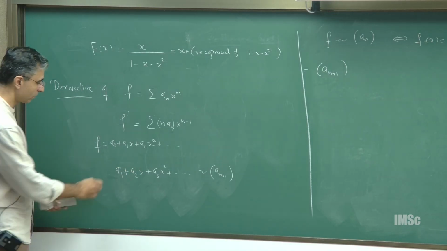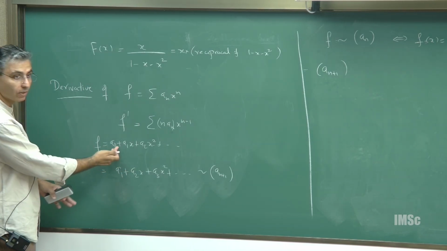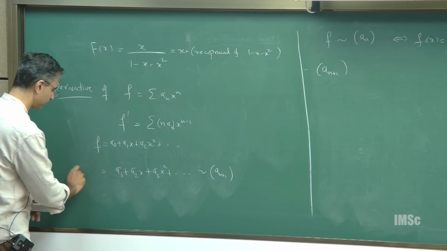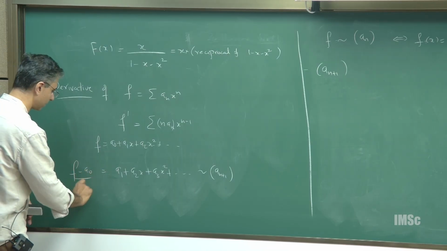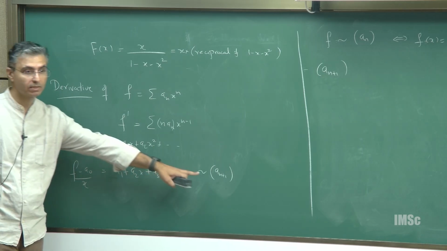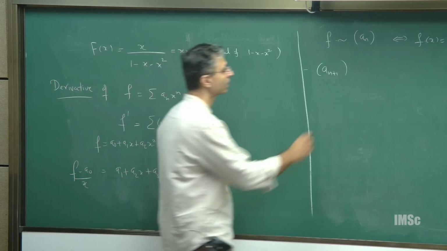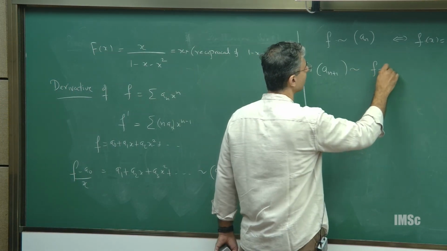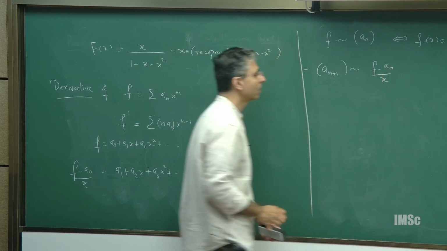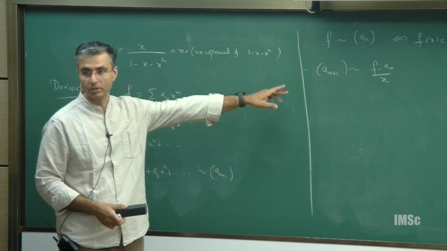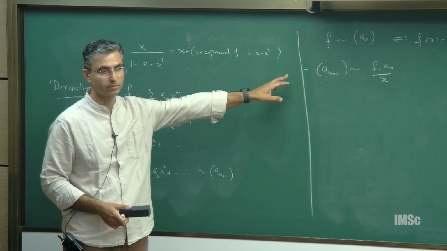So, what is this equal to? f minus a naught divided by x, that is the series corresponding to this. And that is what we did for the Fibonacci numbers.